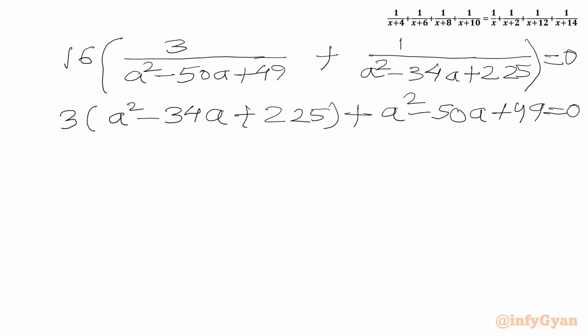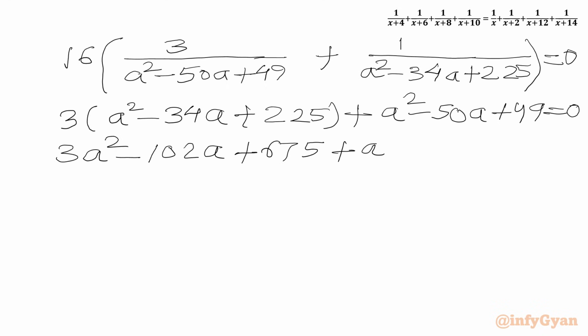Now we will expand or simplify LHS and write 3a square minus 3 times 34, 102a, plus 3 times 225, 675, plus a square minus 50a plus 49 equal to 0.